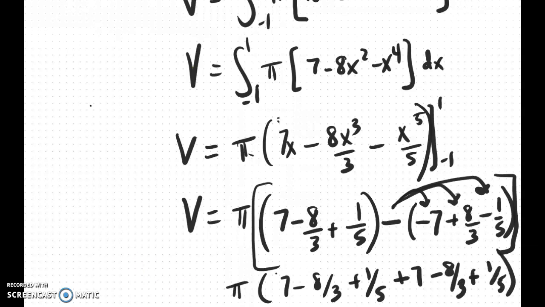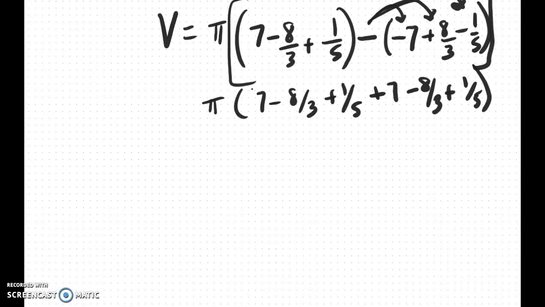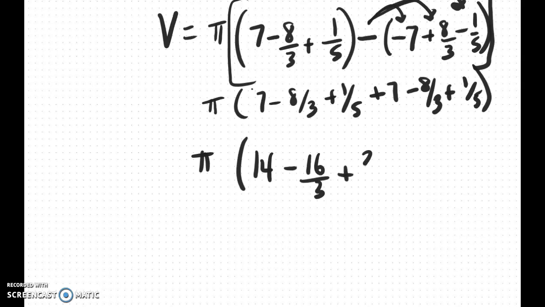And now finding the common denominator and adding all of these together, the common denominator here would be 15. So the first thing I could do is I could combine this to make my life a little bit easier. Like this.